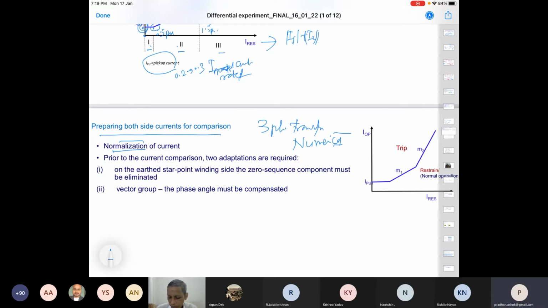So we know that we have a star grounded and a delta transformer. Typically in a distribution system we have delta on the 11 kV side, star grounded on the other side, and like that we can have. So now what we see here is the transformer being protected.